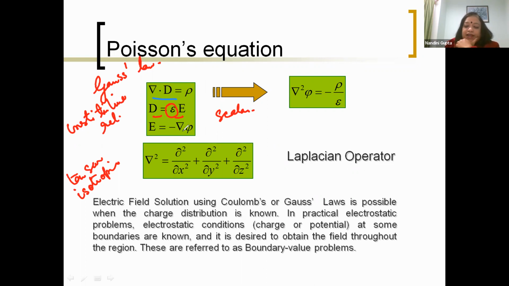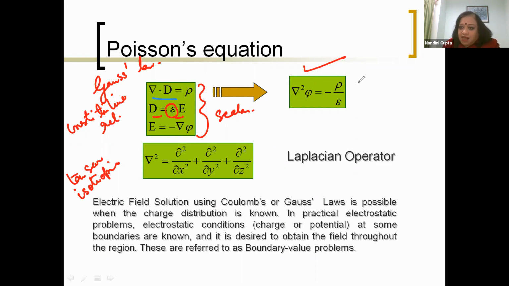And E is related to the potential as E is equal to minus grad phi. Now, if you put these three equations together: divergence of D is equal to rho, put D is equal to epsilon E, which gives you divergence of E is equal to rho by epsilon, and E is expressed as minus grad phi. That gives you del square phi equal to minus rho by epsilon.